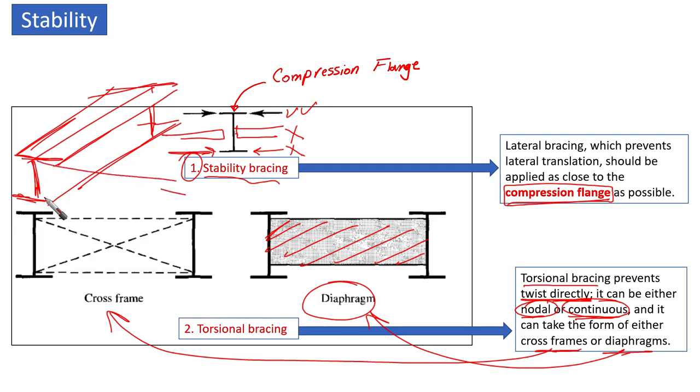So this is something like this, and at another interval we are going to put something lateral, like this, if it is cross bracing or anything that is going to control the flange that we are concerned with. Okay, so this is how we can control the instability due to lateral torsional buckling.